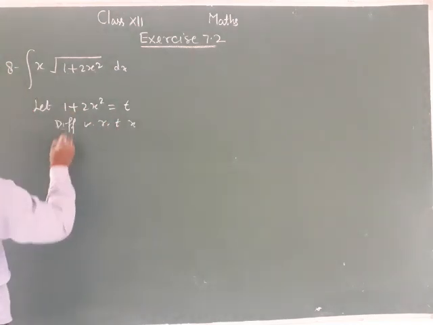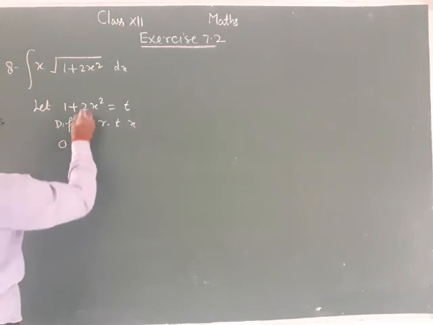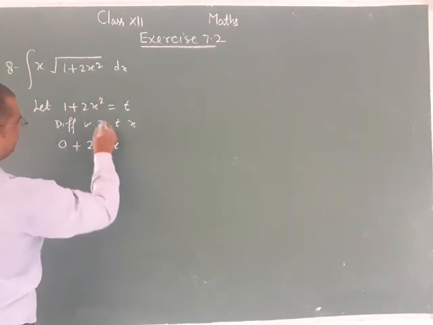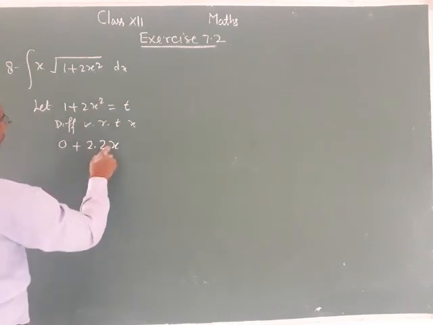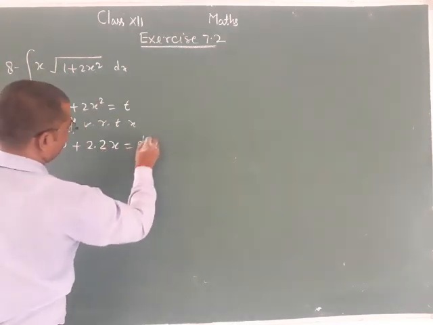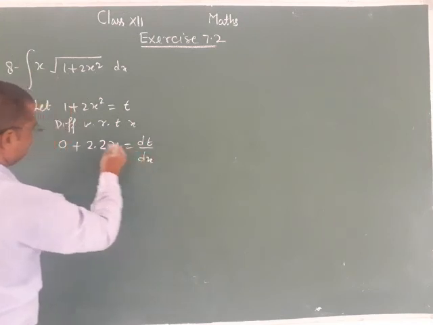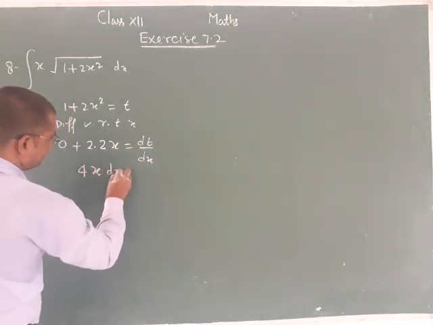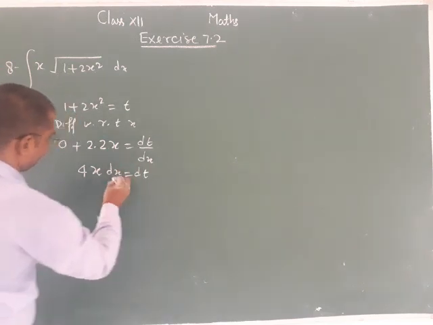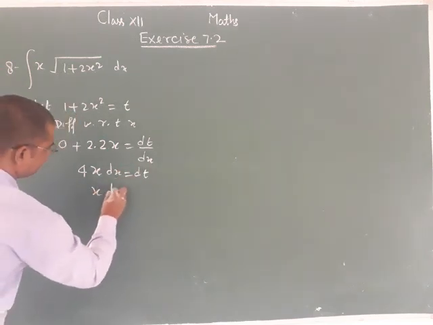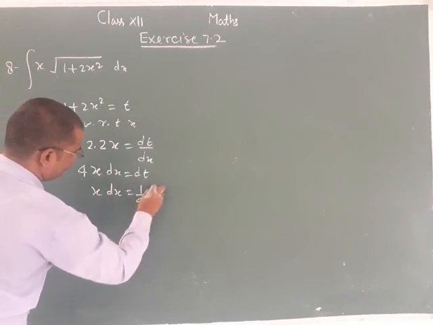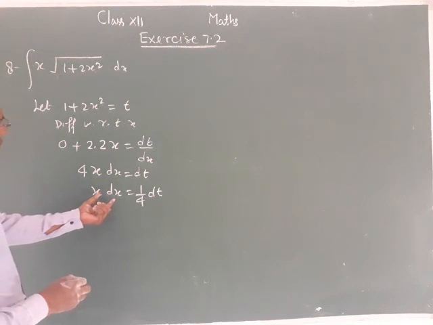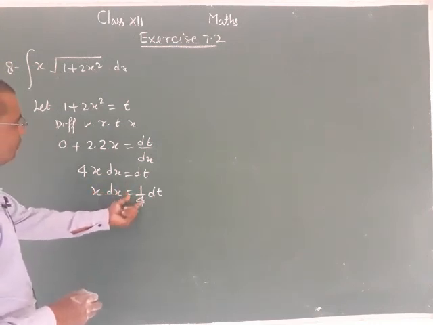So the derivative of 1 is 0, and of 2x square is 4x, equal to dt upon dx. So 4x dx is equal to dt. So x dx is equal to 1 by 4 dt.